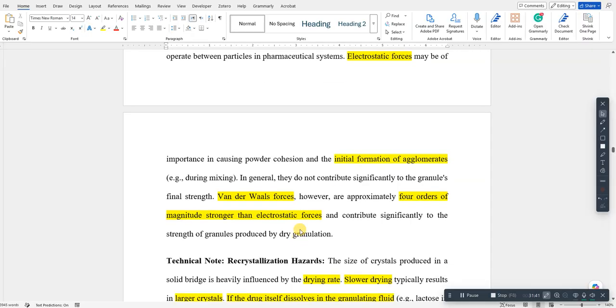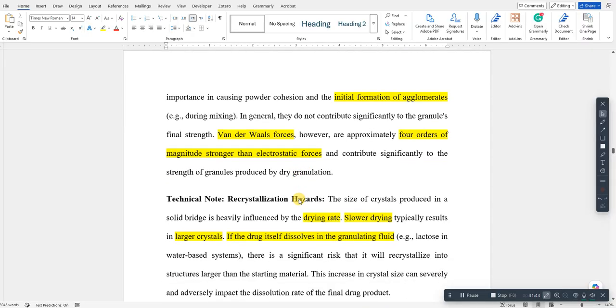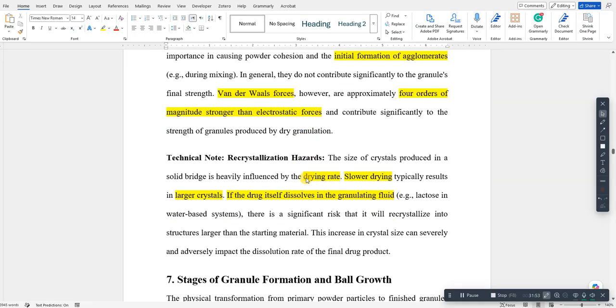So in dry granulation, the compression will cause the van der Waals forces to stick the particles to each other.